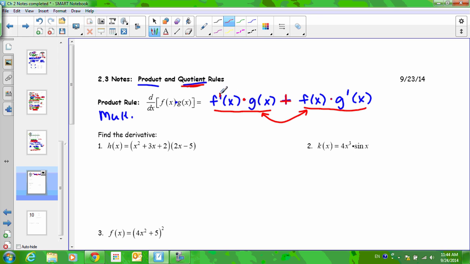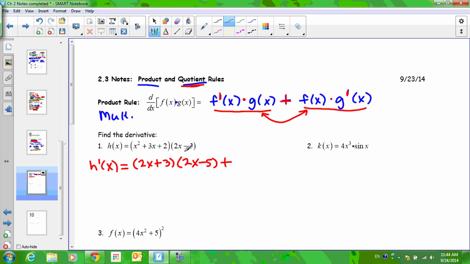Okay, also I want you to notice that I'm only doing one derivative per group. Okay, no two derivatives back to back. So let's just go through the first example, h prime. We're going to first start by taking the derivative of the first group using power rule, 2x plus 3. Then just write the second group, okay?